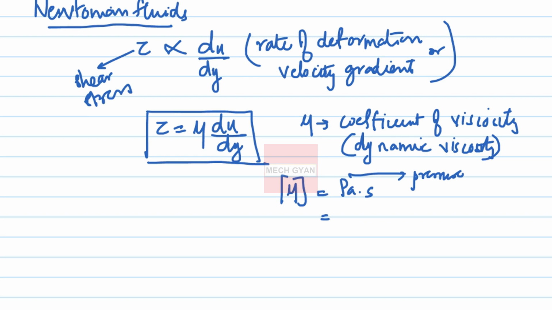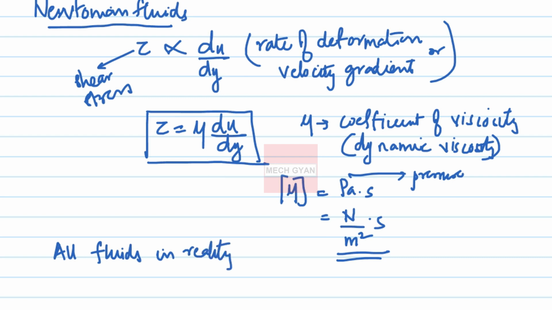Pressure is equal to force by area, so the unit of pressure is Newton per meter square, and the unit of dynamic viscosity is Newton per meter square into second. All fluids in reality have mu greater than 0.